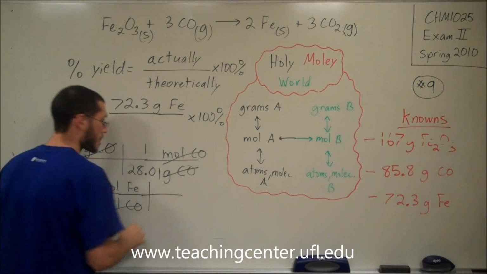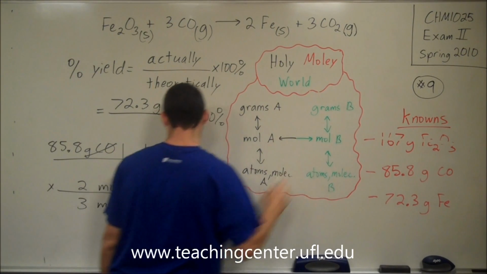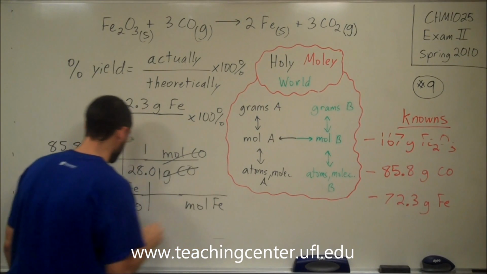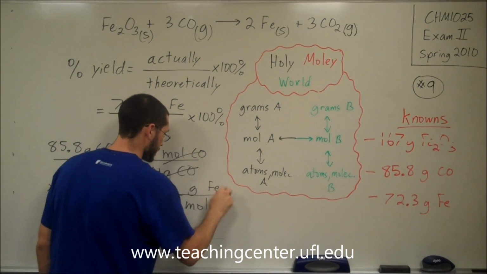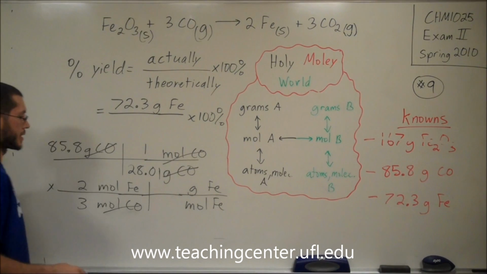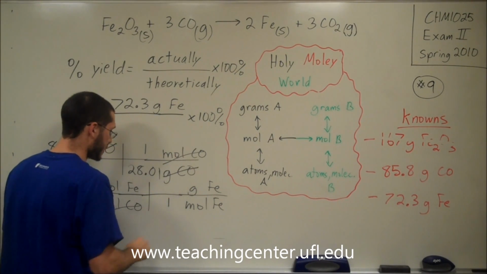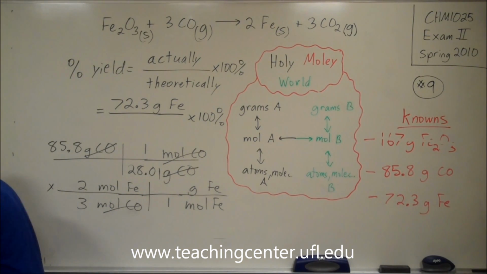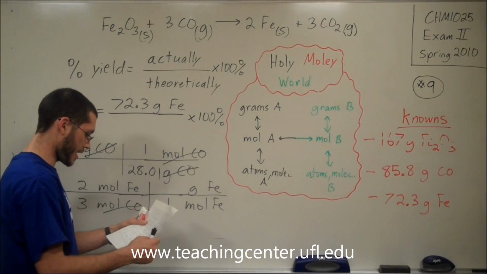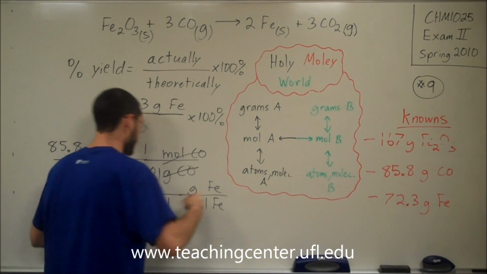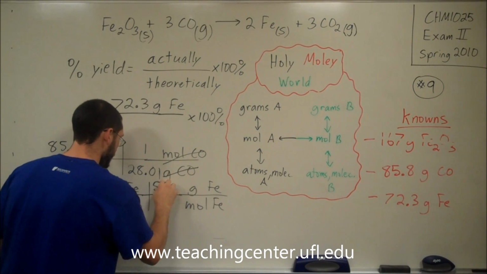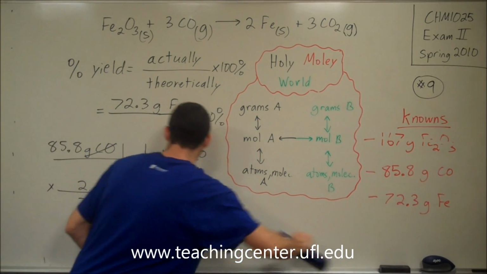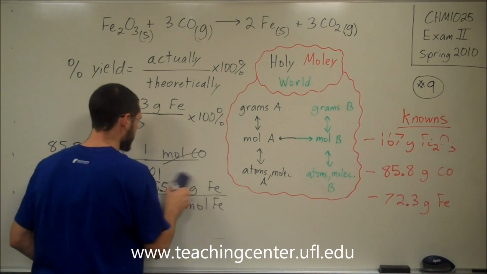And finally, if I'm at moles of Fe, I can get to grams of Fe. So I'm just going to put moles Fe down here to cancel. And I need to put grams Fe up top. What is that ratio? We look at the periodic table. For every 1 mole of Fe, there are 55.85 grams of Fe. Let's clean that up a little bit.